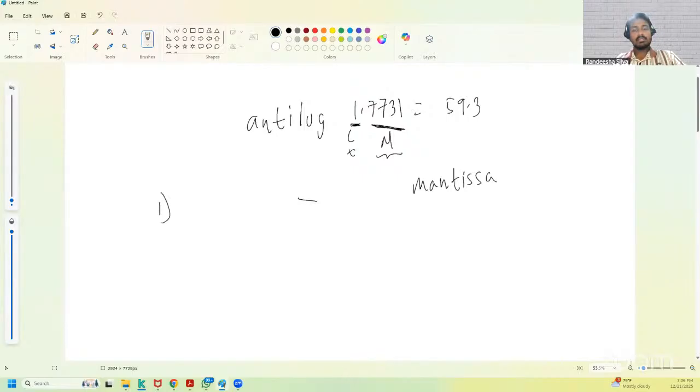It should be smaller than that one. Okay, that's the second point.